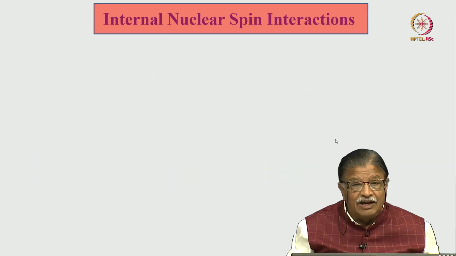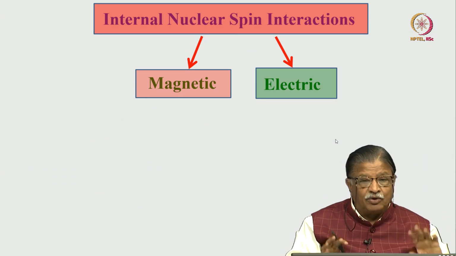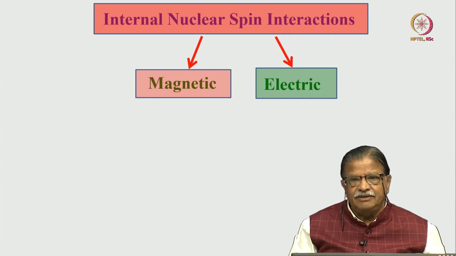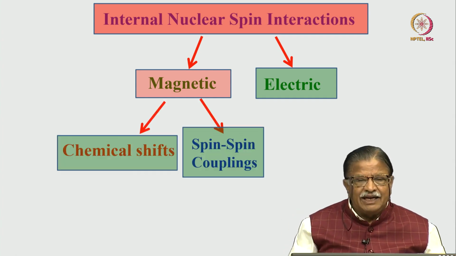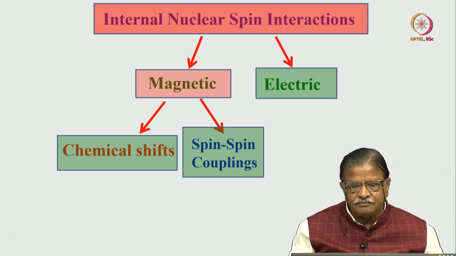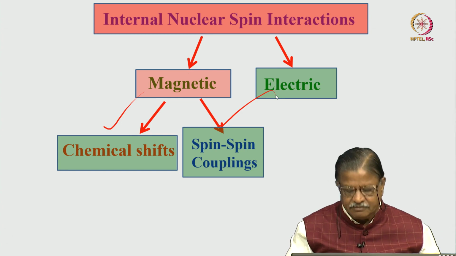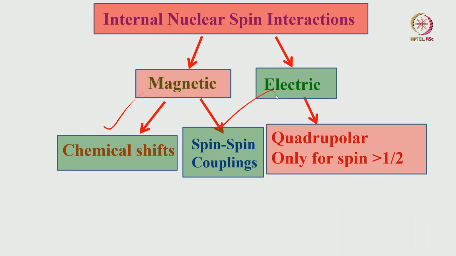Now, the internal nuclear spin interactions can be further classified into two groups: one is magnetic interaction, the other is electric interaction. The magnetic interactions are of two types, chemical shifts and spin-spin couplings. The electric interaction is quadrupolar interaction, only for spin greater than half.